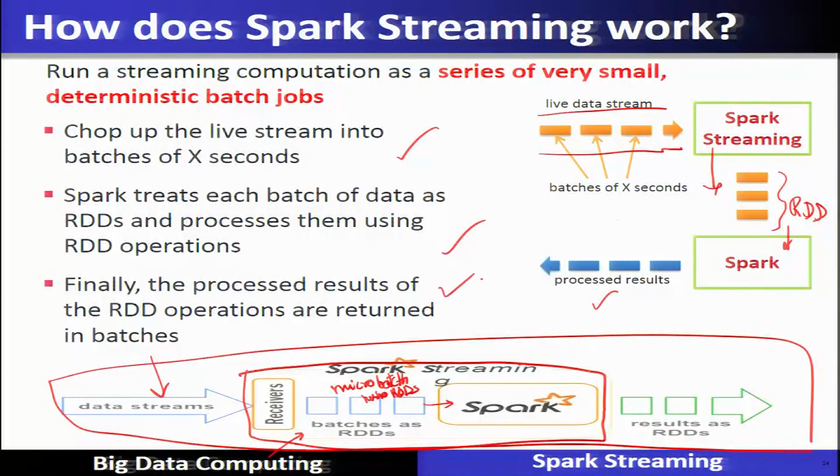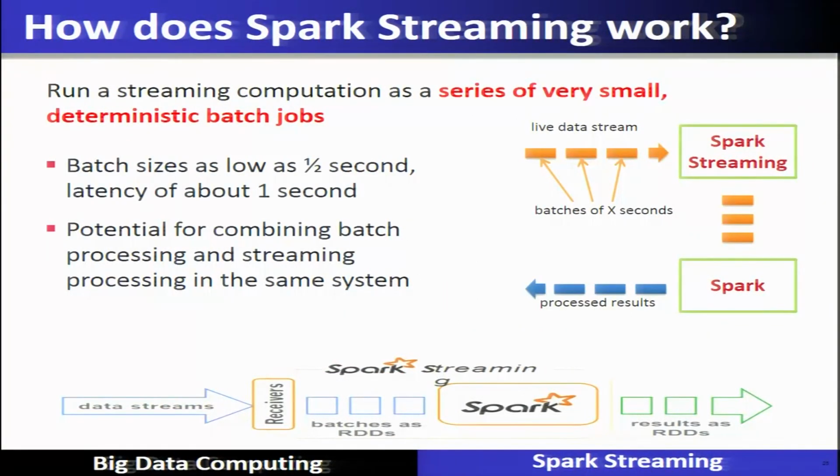Finally, the processed results of the RDD operations are returned in the form of batches and will be either stored in a database, or stored in HDFS, or output on dashboards. So, there are different ways this result of Spark Streaming can be used in different applications.